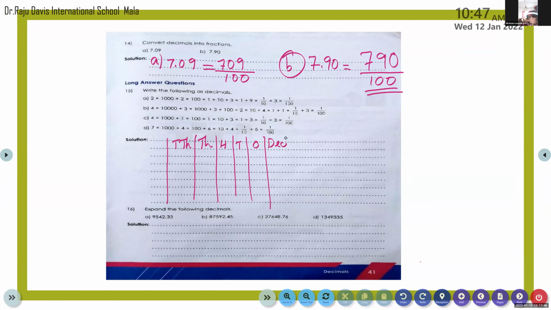Decimal point. After the decimal point, which is the next place? Tenth. I am writing this fully because you have studied these places this year. Tenth, after that, hundredth.